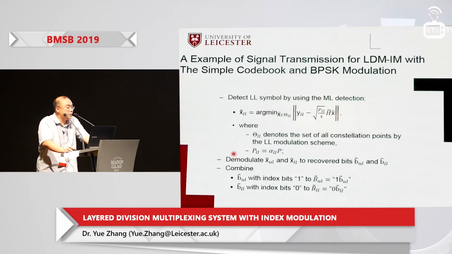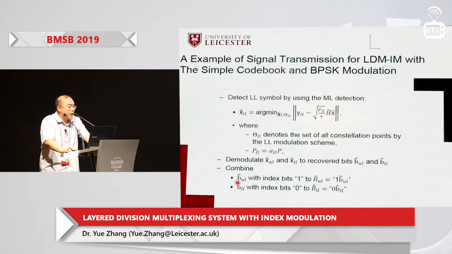So we use demodulation to detect the received X dash LL, which means the recovered received lower layer symbol. And then after the received symbols X_UL and X_LL, we can use demodulation to get the bits.